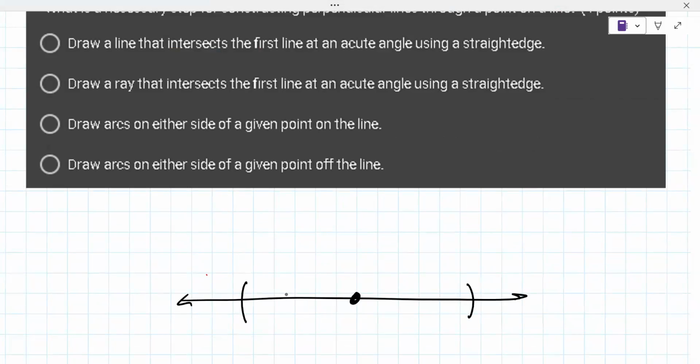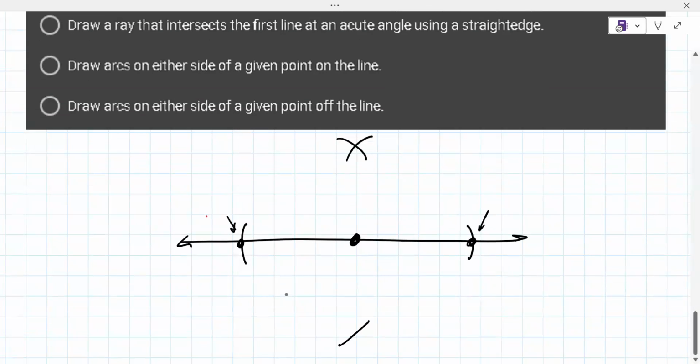Then you label those 2 points by putting a dot there. Then you stick the sharp end of the compass right in there and sweep an arc up here and up here, down here and down here, and then you draw a line between them.